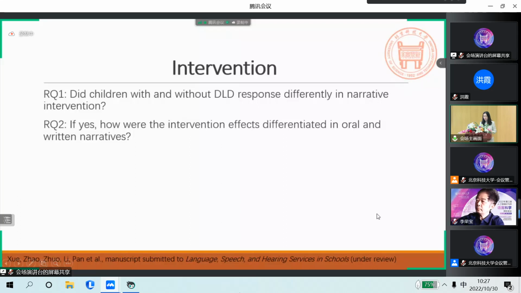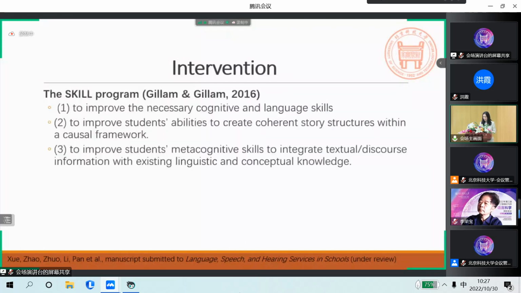We asked two questions: did children with and without DLD respond differently in narrative intervention? And if yes, how were intervention effects differentiated in oral and written narratives? More information about the SKILL program: it was established by Gillam in 2016, maybe earlier than that.